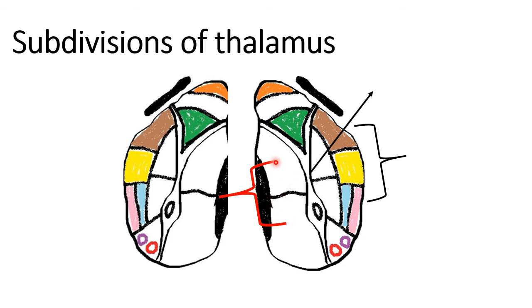Medial to this medial group you can identify the midline nuclei, and inside the internal medullary laminae we can identify another group called the centromedian nucleus.